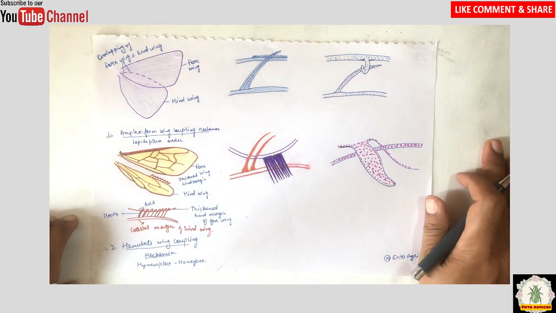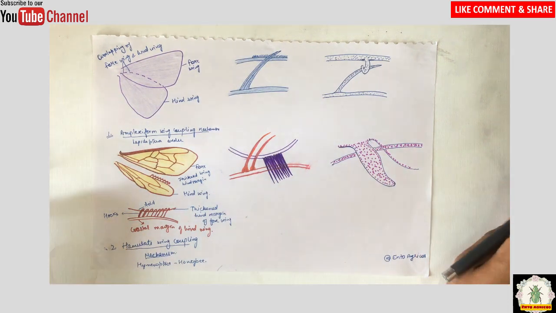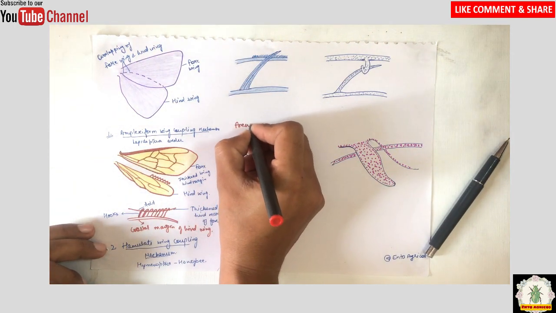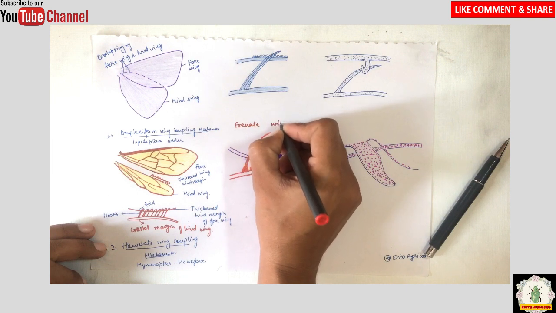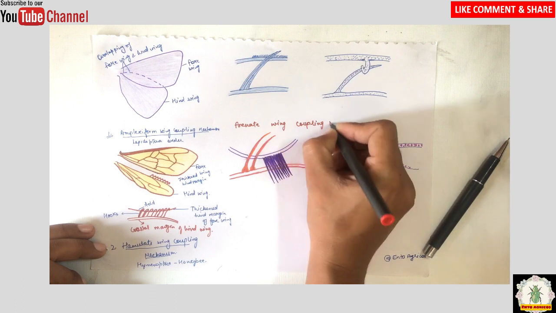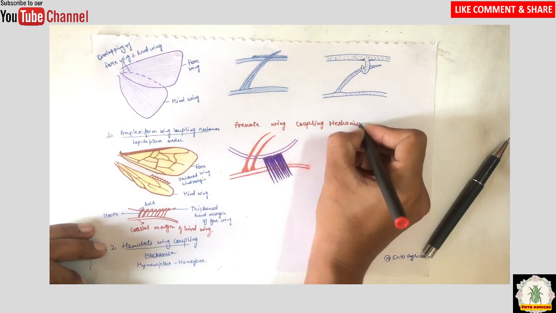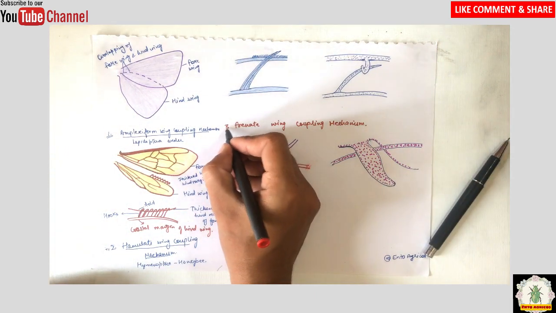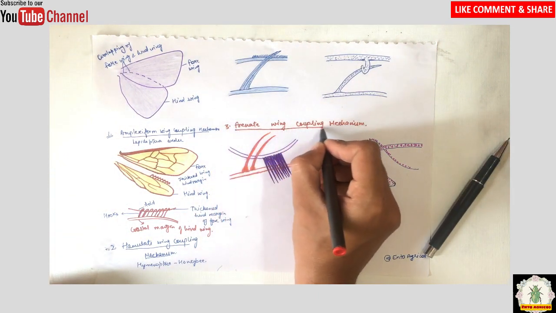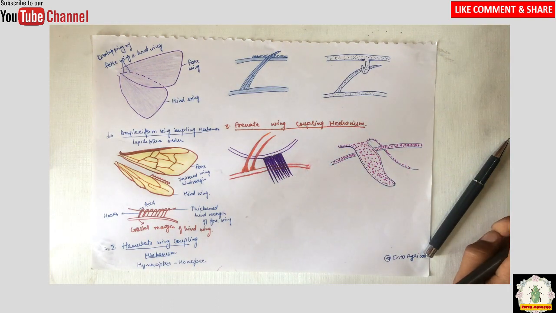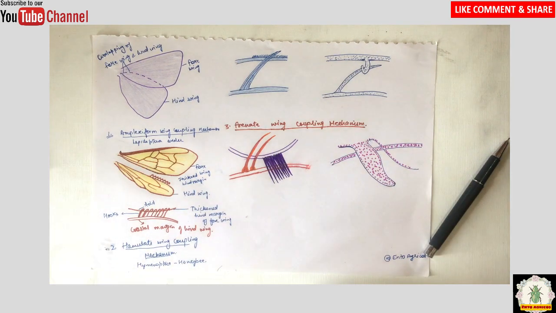Next is the frenate wing coupling mechanism. There is one interesting thing to tell you all: this kind of wing coupling mechanism is seen in the fruit sucking moth, and it is different in males and females.